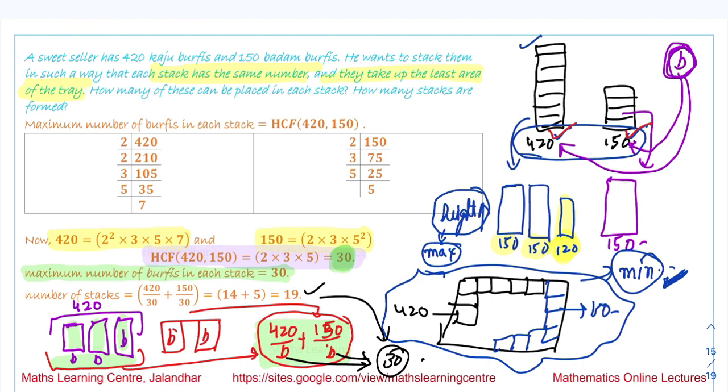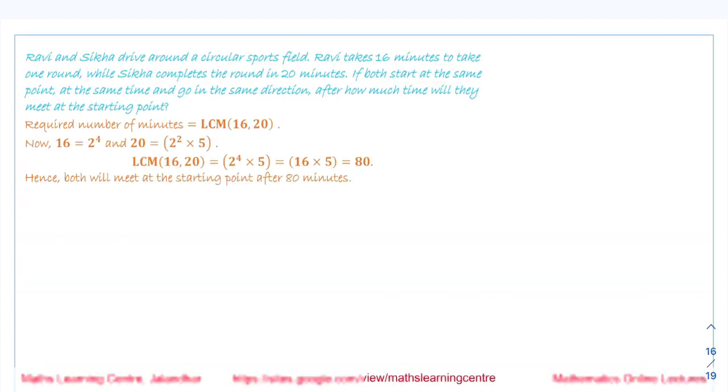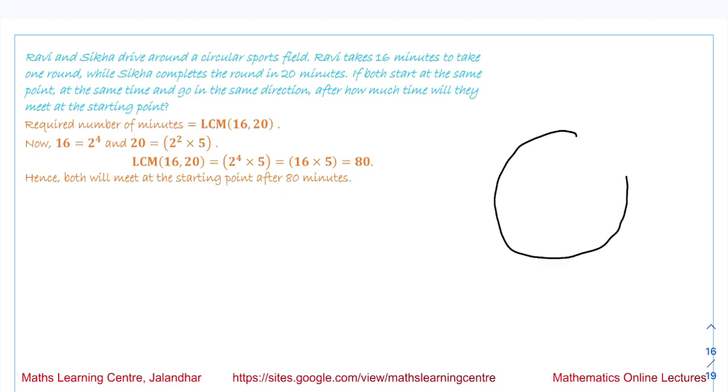Now in this question it is given that Ravi and Shikha drive around a circular sport field. So a field is there, and they are driving around this. Suppose the starting point that we have is over here. This is the starting point, and Ravi takes 16 minutes to take one round.